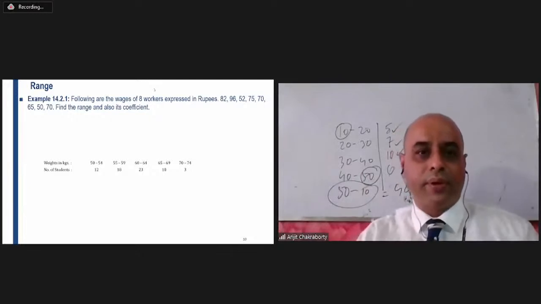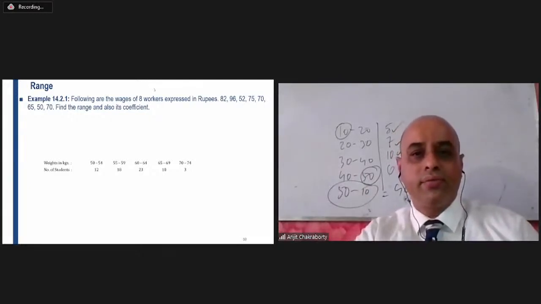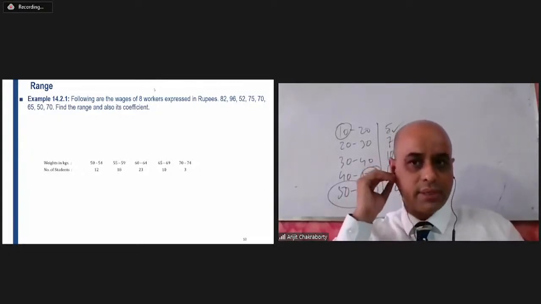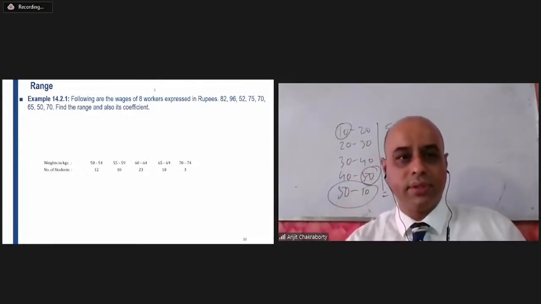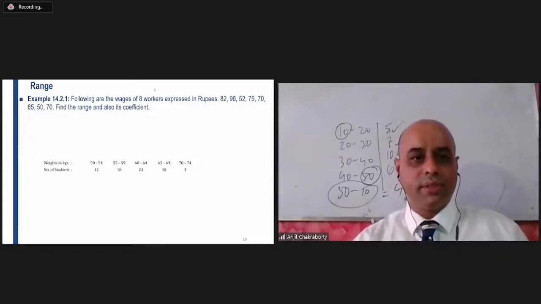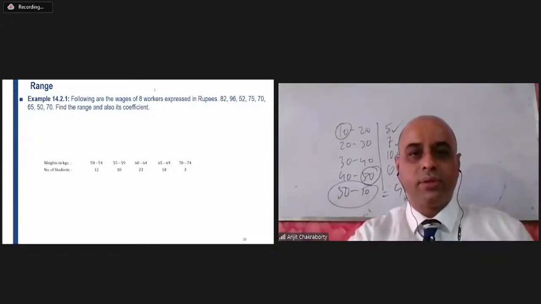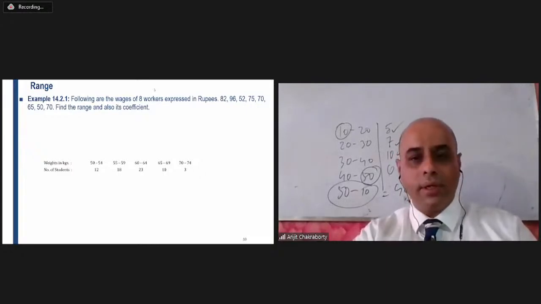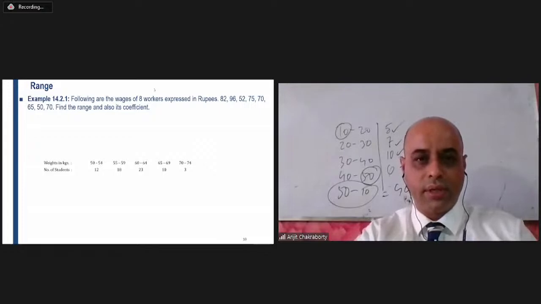Okay. So here the wages of 8 workers are given: 82, 96, 52, 75, 70, 65, 50, and 70. We have to find out the range and the coefficient of range. Now let us know what the coefficient of range is.